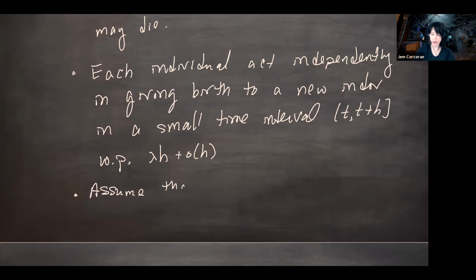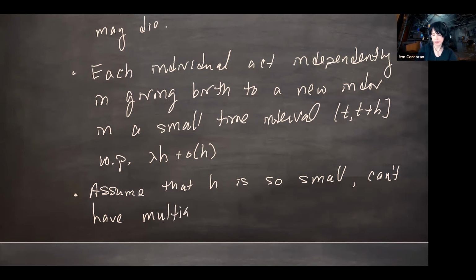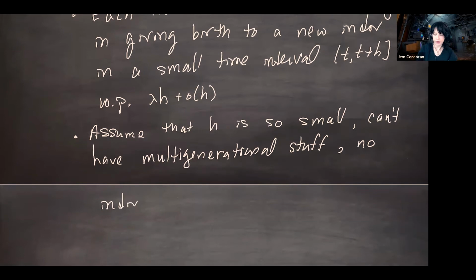So assume that h is so small that we can't have multi-generational stuff. I guess can't is not the right word, but that it's really negligible and it's going to be a little o term, and no individual has multiple offspring at once.